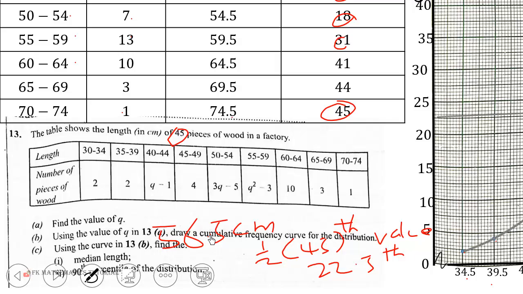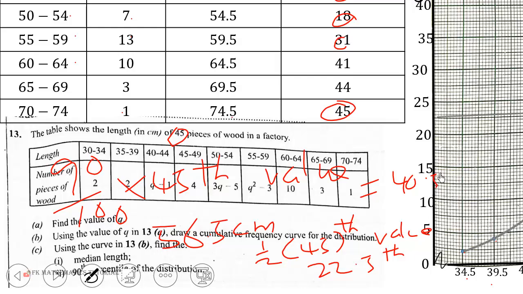Then we have the 90th percentile of the distribution. So 90th percentile, it means 90 out of 100 times the total frequency value. So the value that corresponds to this, that will be the 40.5 value. So 40.5 is here. So you trace it downward.